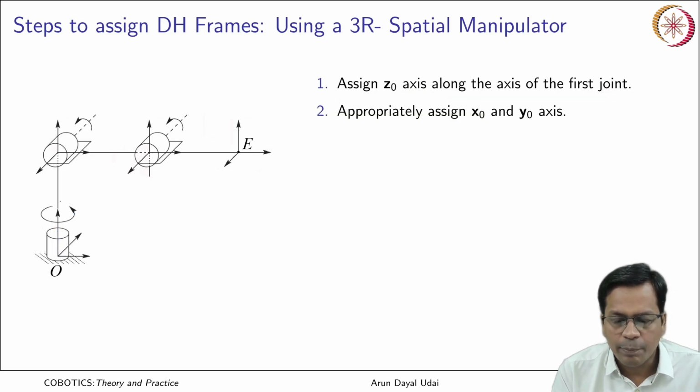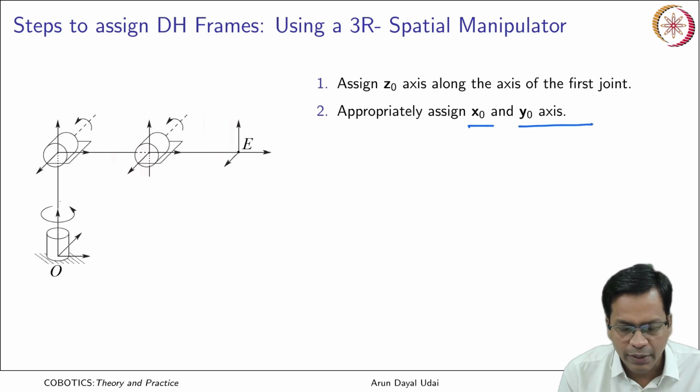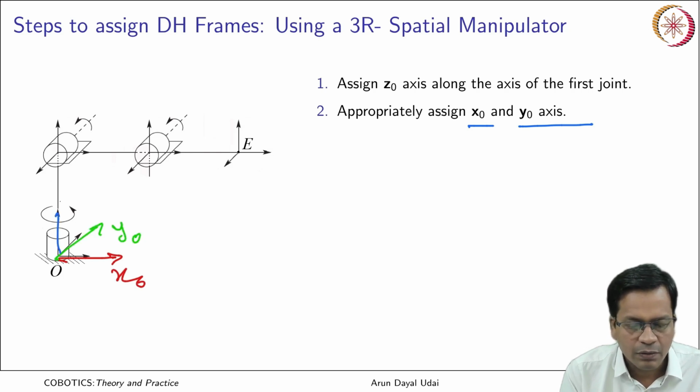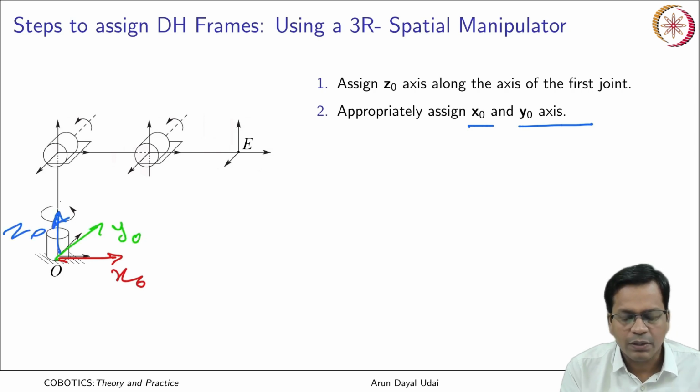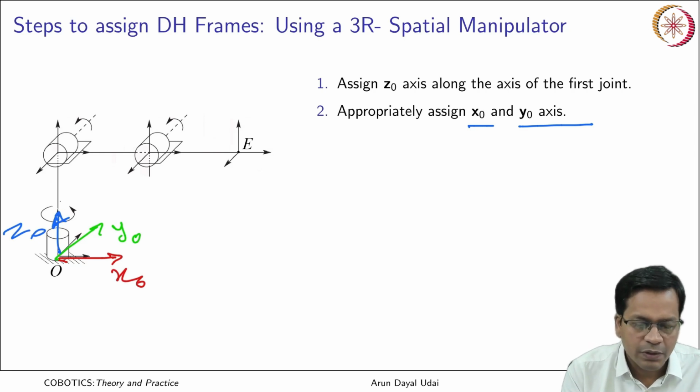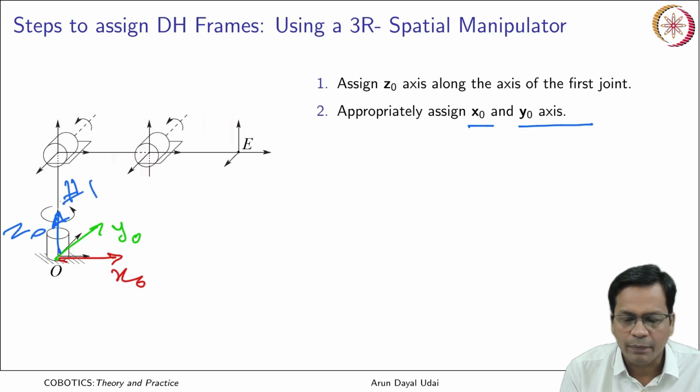Now appropriately assign x0 and y0. So x0 is put here and y0 is put here, and z0 was here. This is your link 1.